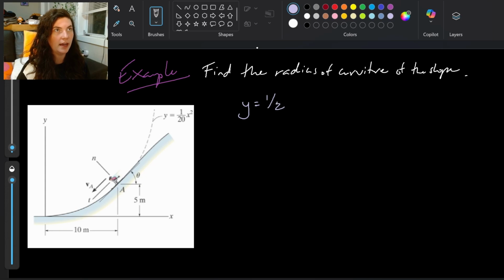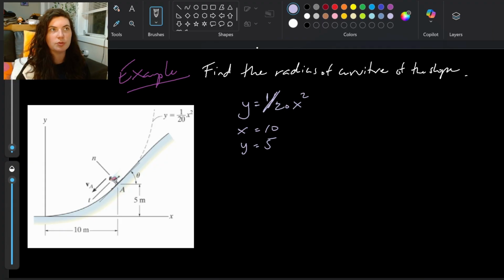We're given that y is 1/20th times x squared. And we're given their position, they're at x equals 10 and y equals 5. That's where they are in space on that slope.